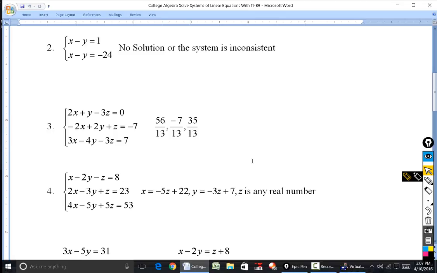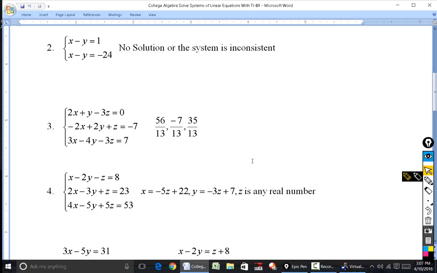If you have 3 variables, 3 equations, then the object is to eliminate one of the variables and get 2 equations with 2 unknowns, and then from there eliminate one, get it down to 1 variable, and then solve for the second, and then eventually solve for the third.